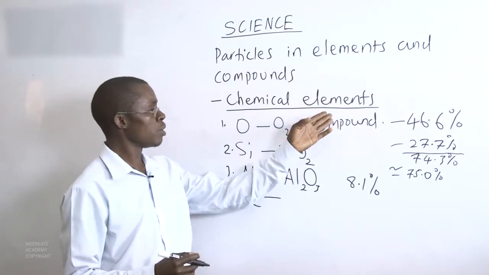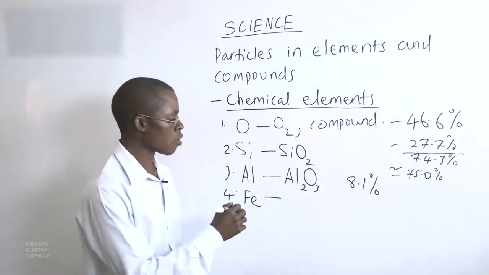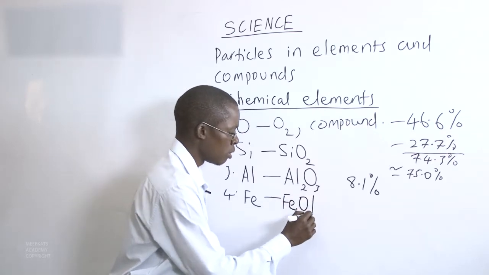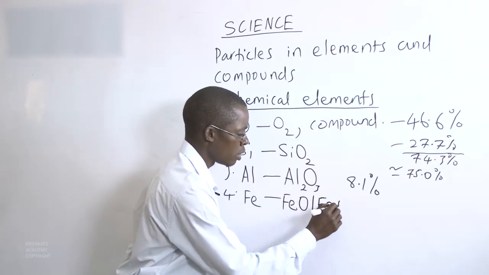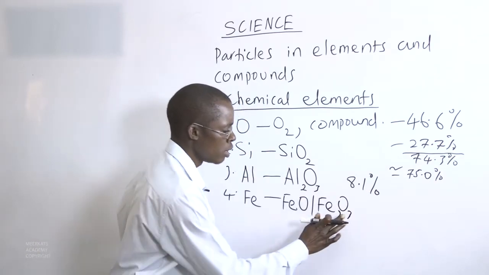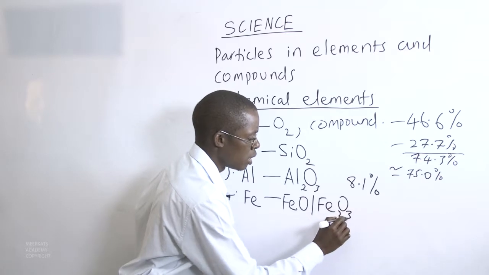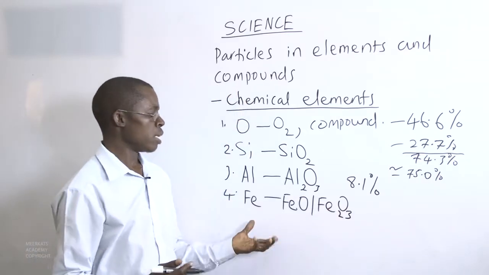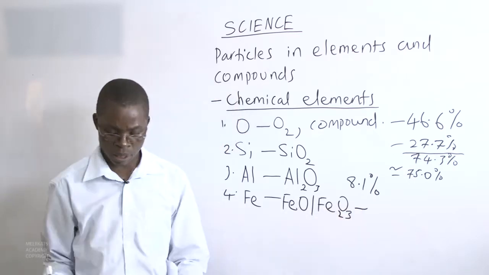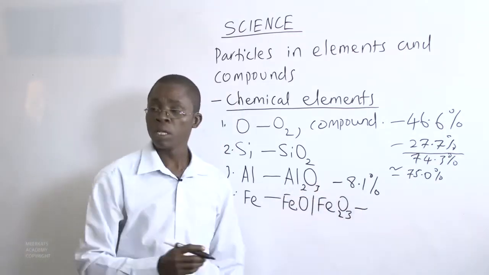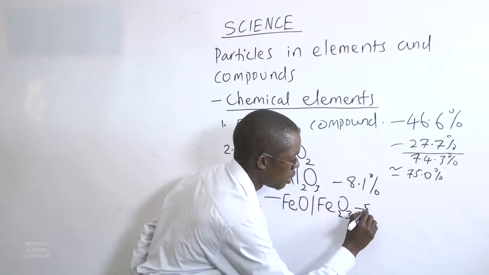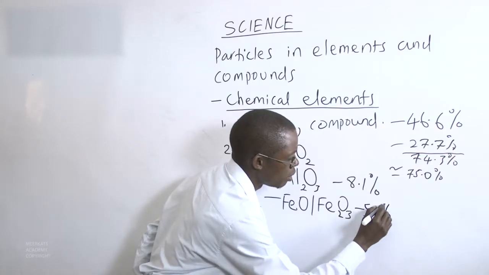So you can see most of the elements go in for oxygen to form compounds, and iron can exist as iron 2 or iron 3 oxide. In whichever way, it will still be iron existing, and iron in this case gives a combined percentage of 5.0%.